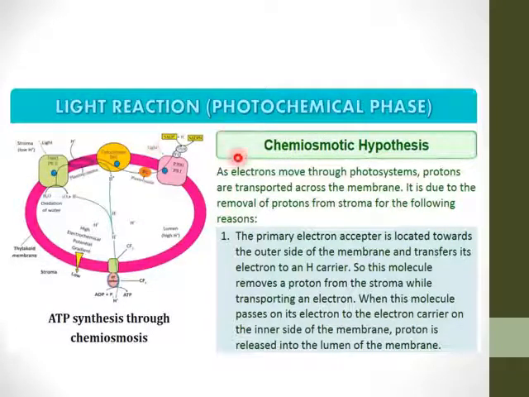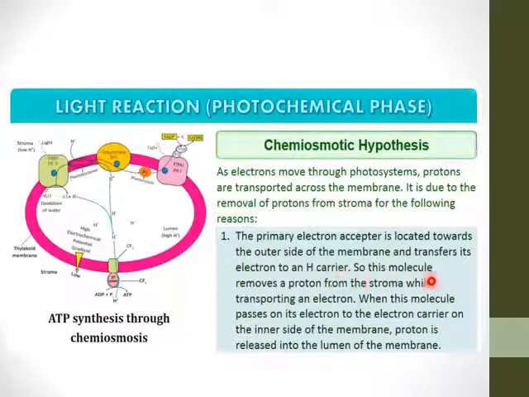As the electron moves through the photosystem, protons are transported across the membrane. It is due to the removal of protons from the stroma for the following reason. The primary electron acceptor is located towards the outer side of the membrane and transfers its electron to the hydrogen carrier.